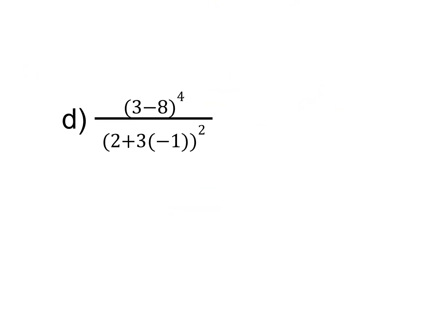Now here is one that I am not going to type in my calculator all at once because it can be tricky. With all these parentheses and all this stuff going on, I'm going to treat it as 2 different pieces. This is just one giant division problem. So I'm going to do the top part first, and then I'll do the bottom part, and then I'm going to divide them.